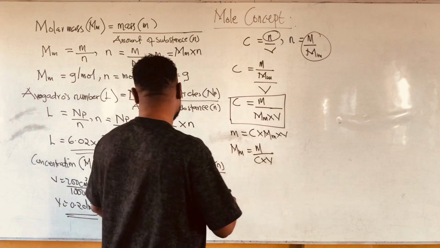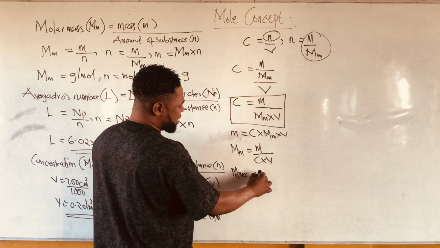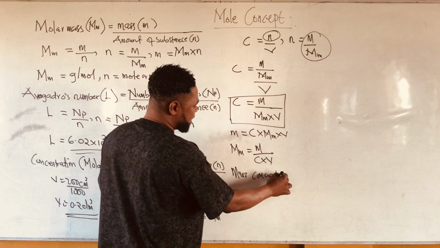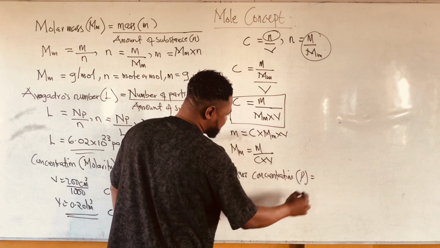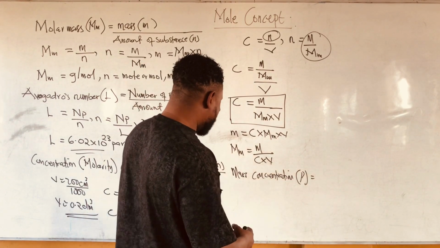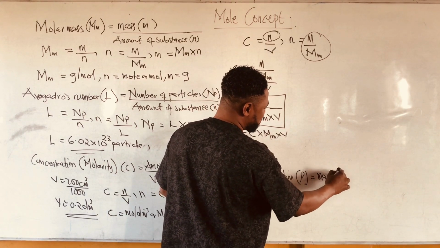Let us proceed to what we call mass concentration. We say mass concentration is the mass of a substance dissolved in 1 dm cube of a solution.